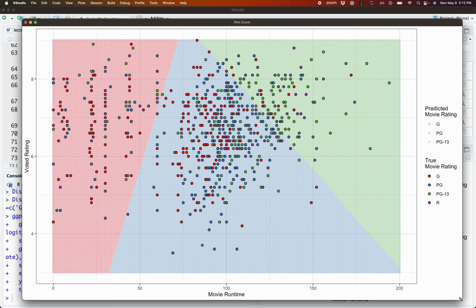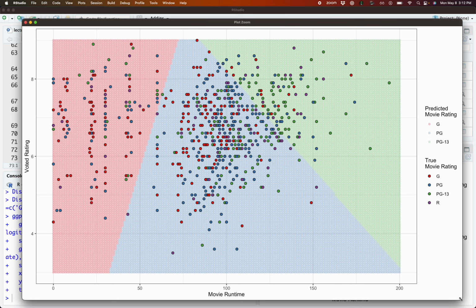And as your rating increases, you tend to have more, okay, hang on.